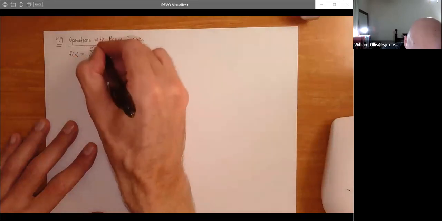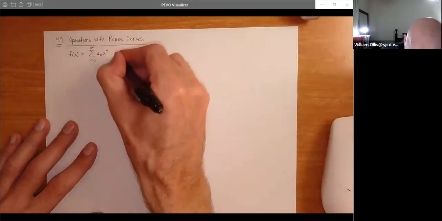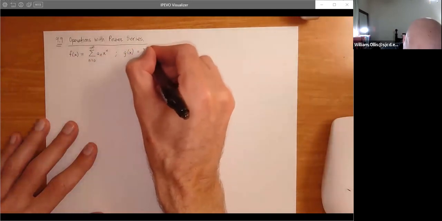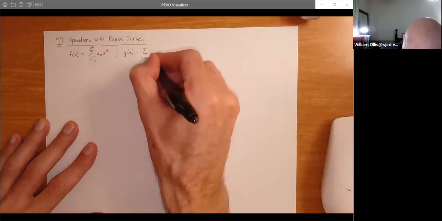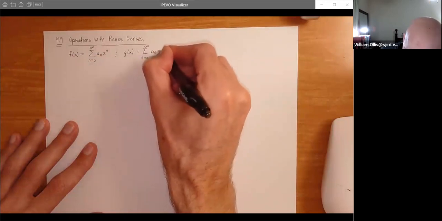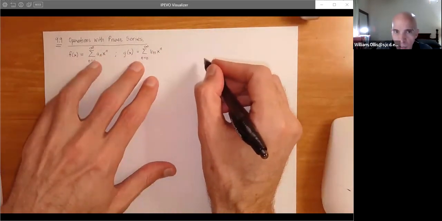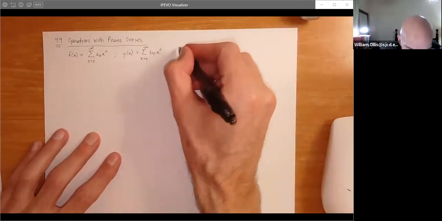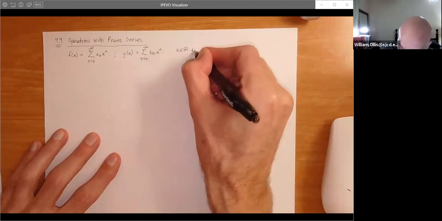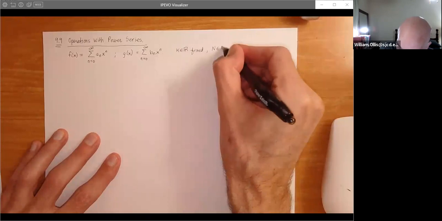This is written up very nicely in your book. And of course, you would find this in any calculus textbook. And say we have another function that is written in terms of a power series, with different coefficients, obviously, just like we were doing with sequences before. So again, we're going to look at ways of combining these, and then we want to fix some real constant k, and then some natural number n also fixed.